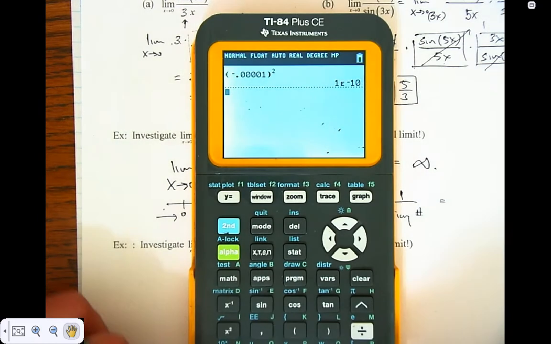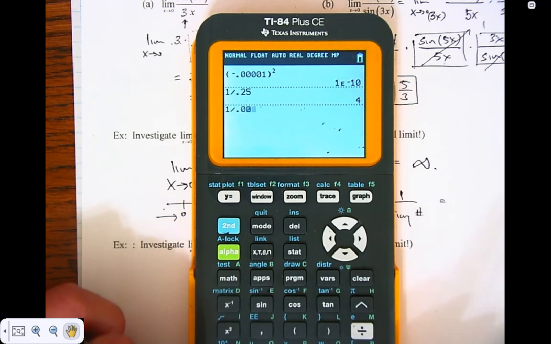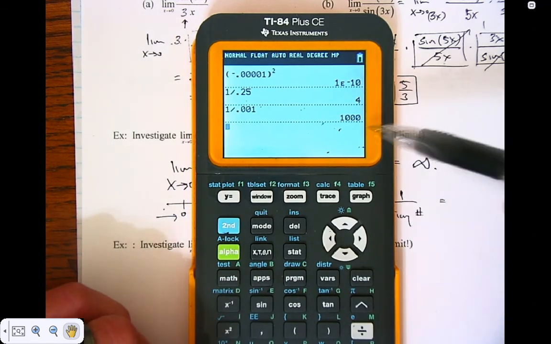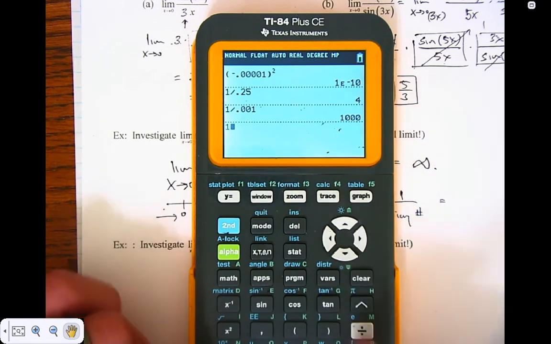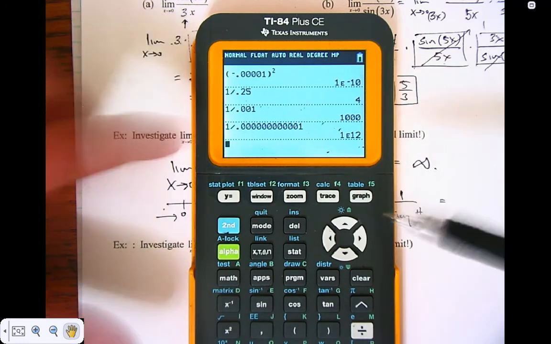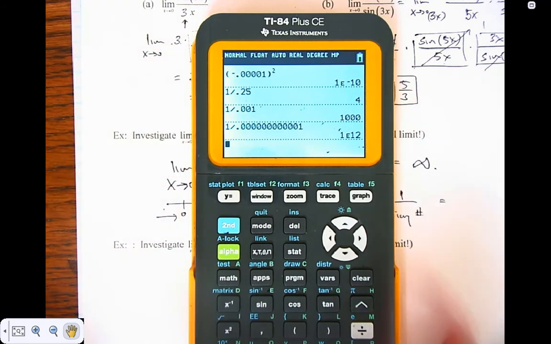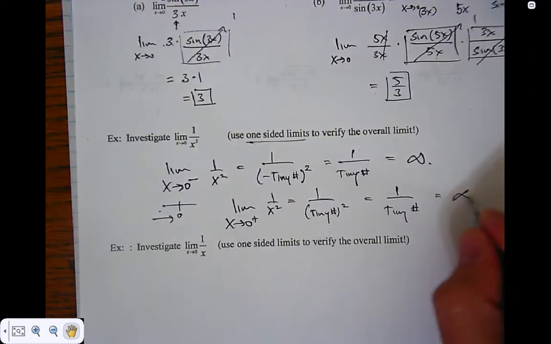Well, what's 1 divided by 0.25? 4. That's not infinity. But what's 1 divided by 0.001? 1,000. And we're way smaller than that. What's 1 divided by a tiny number? It's massive. Okay, so when you take a numerical value and you divide it by a tiny decimal, you get a really big number. Okay, and so that's infinity.